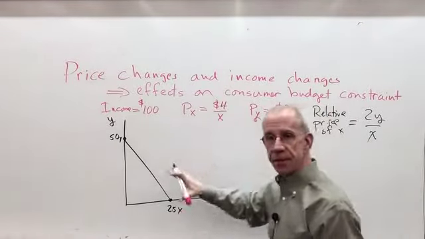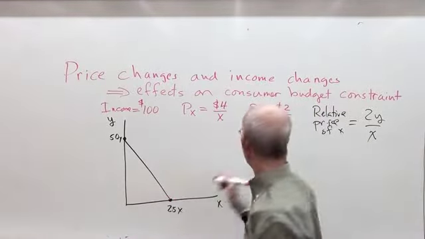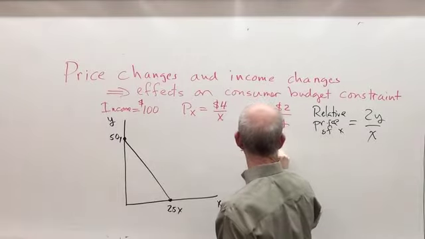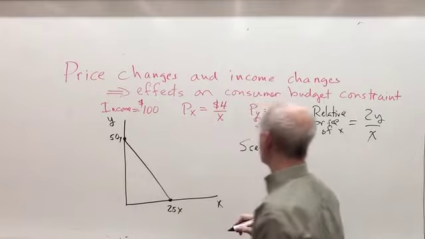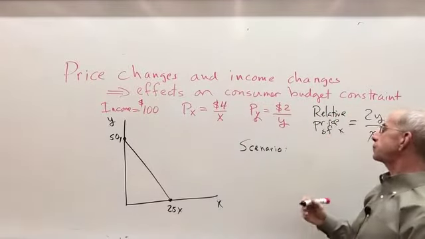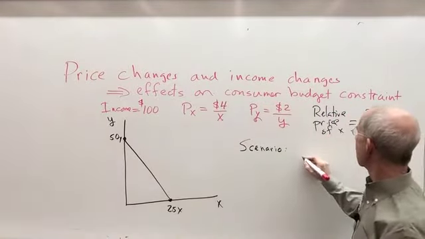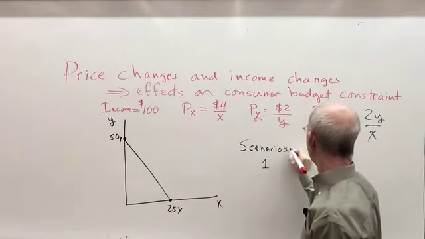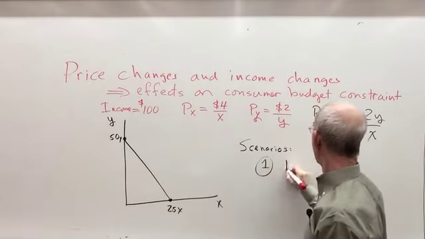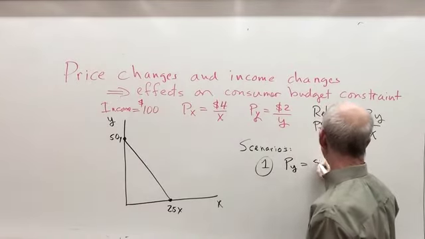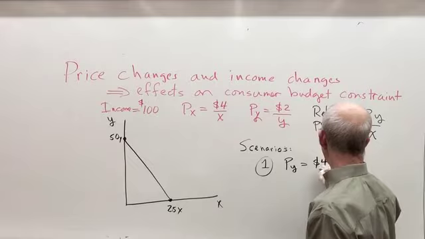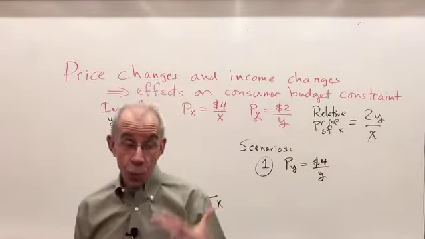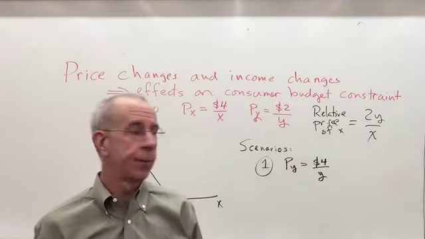And I want to see how this budget constraint changes if some of the underlying variables change. So, for example, let the price of Y now be equal to $4 per Y. Let the price of Y go up.